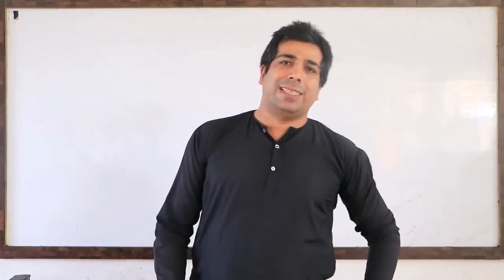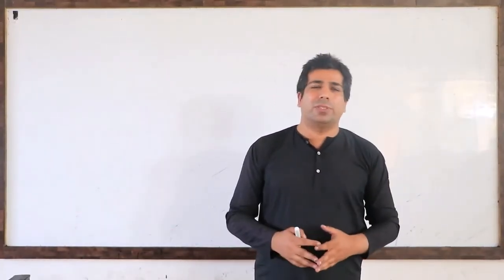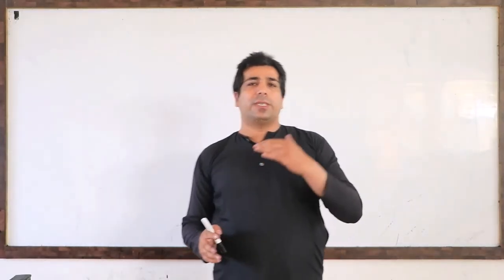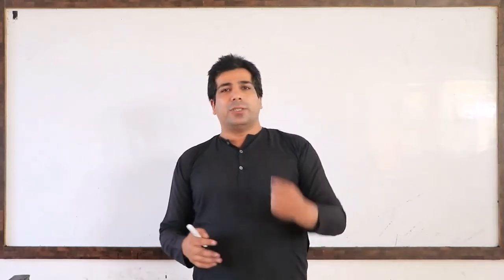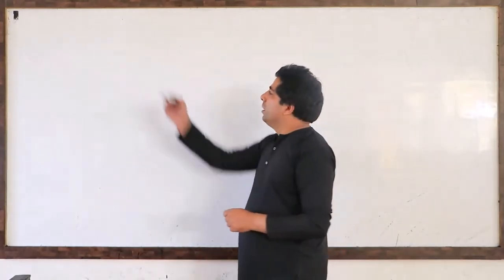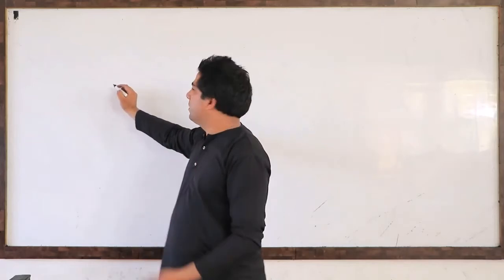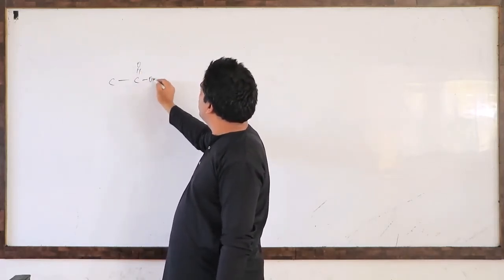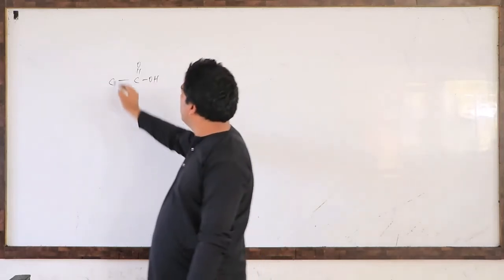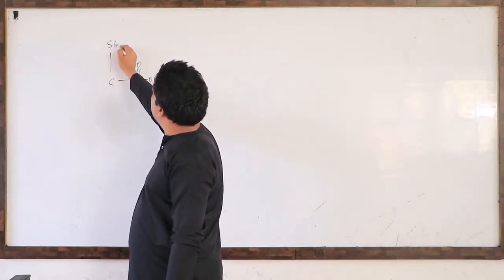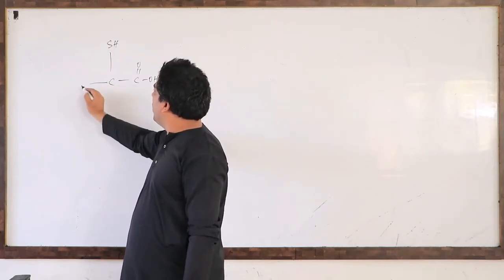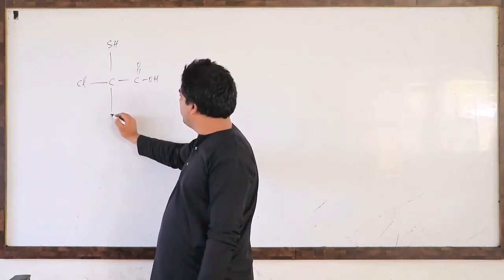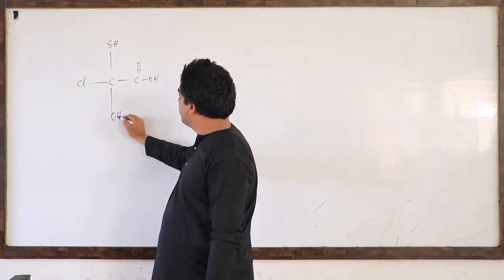So dear friends, let's take 1 or 2 more examples to discuss RS configuration. It's a very important question as far as competitive exams are concerned. So let's take 2 more examples. Have a look. If you have a molecule like this, C double bond O, OH, carboxyl group on one side, then let us suppose SH here, then Cl here, and then an OH group.